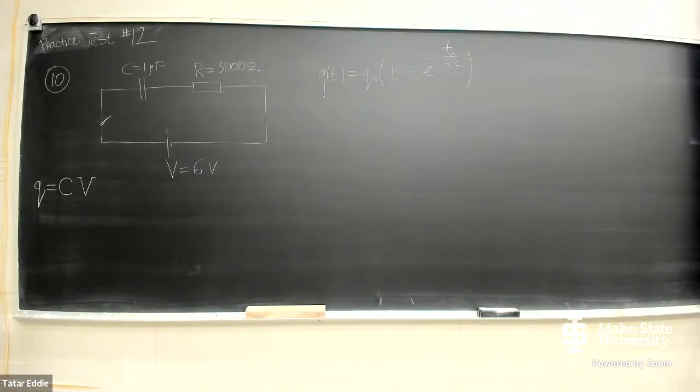So you know now what charge you want to have on the plates of the capacitor. So what would be the maximum voltage across the plates of this capacitor, and the maximum charge also? Well, let's figure that out.